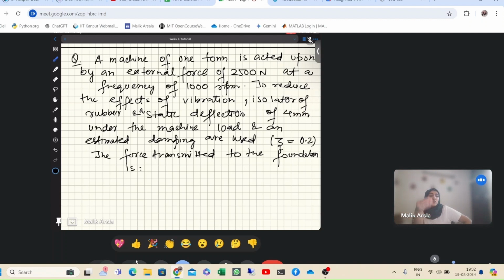But if you are using the formula of zeta, you know that only r has to be found out. So whenever zeta is given, you will apply the formula which contains zeta.